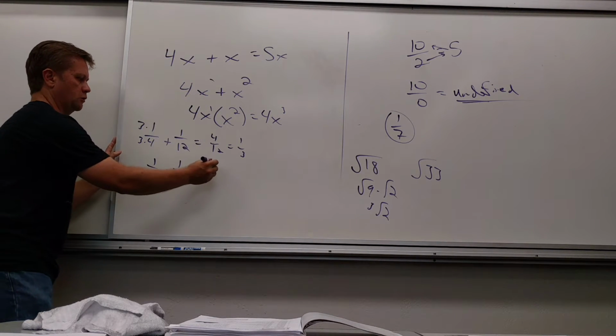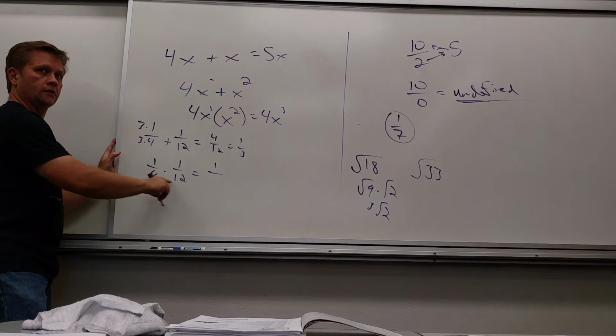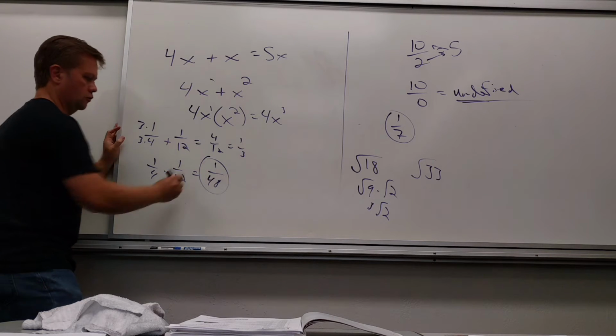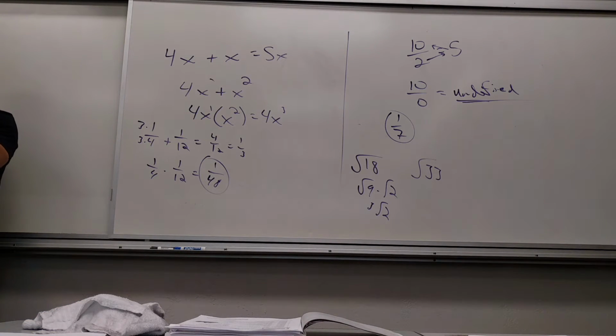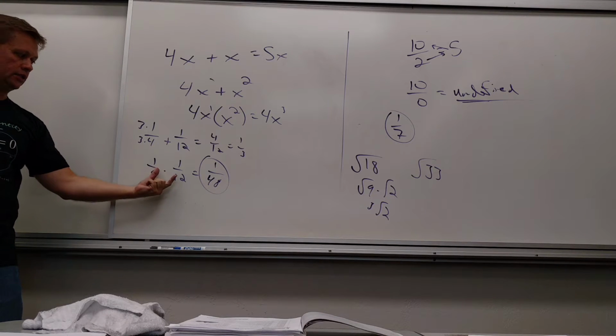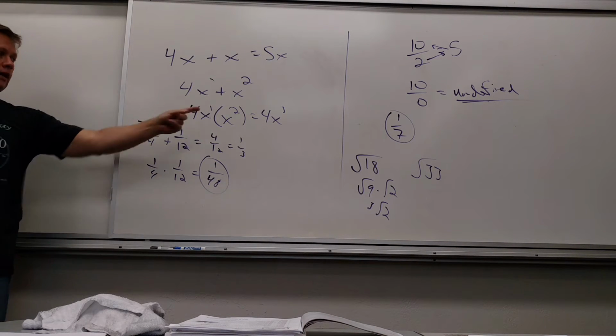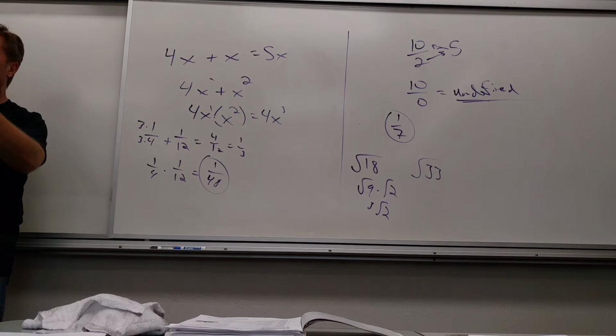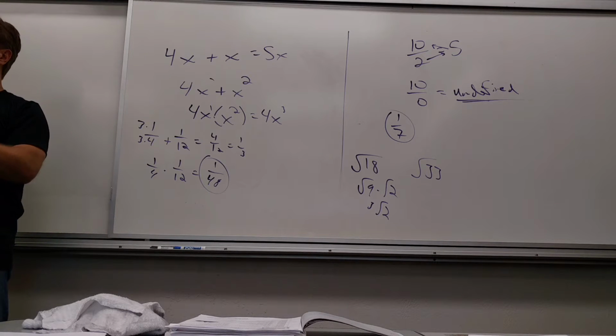So 1/4 times 1/12 is 1 over 48. Does that make sense? The LCD is the same as like terms. Why do I need them when I multiply or divide? Because I don't need it when I multiply or divide. I just don't. It's not as restrictive. I can still do something. But addition and subtraction requires like terms.